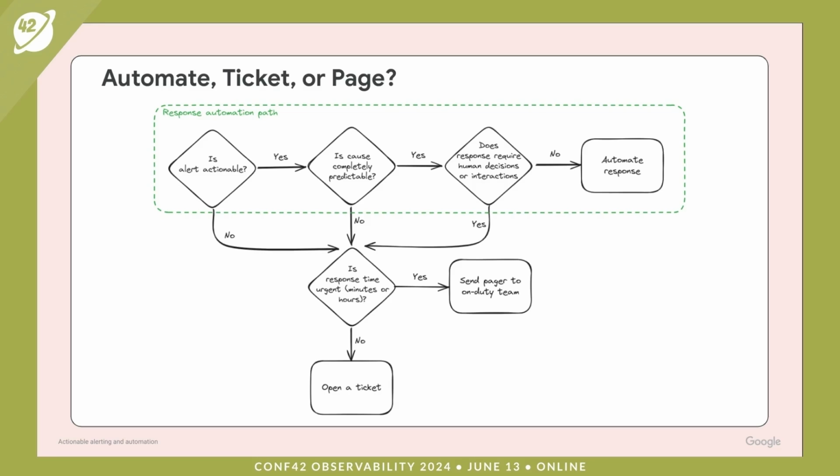And the response does not require human decisions or interactions. And vice versa. Signs that an alert cannot be automated include an ambiguous cause, despite the alert being actionable maybe, or a response that expects some human interaction or decision-making process.